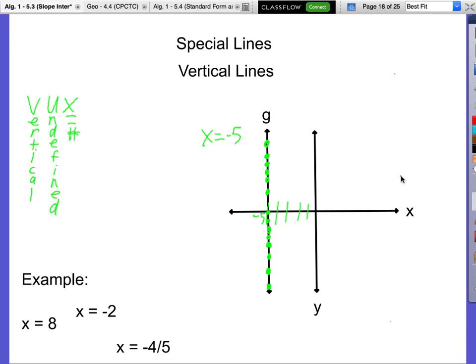Whoa, this entire section is written in pen. That's definitely not good.